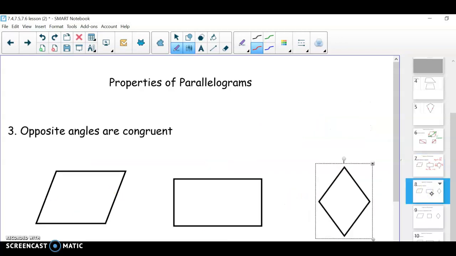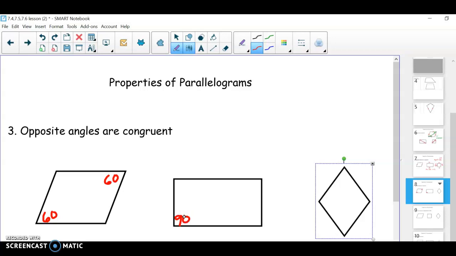All right. The third one, opposite angles of a parallelogram are congruent. So if I know that this angle down here is 60 degrees, then this one up here is 60 degrees. Okay. So obviously in rectangles, again, this is a property that we'll learn about in class, but hopefully you already remember it from previous school years, that in a rectangle this angle would be 90.